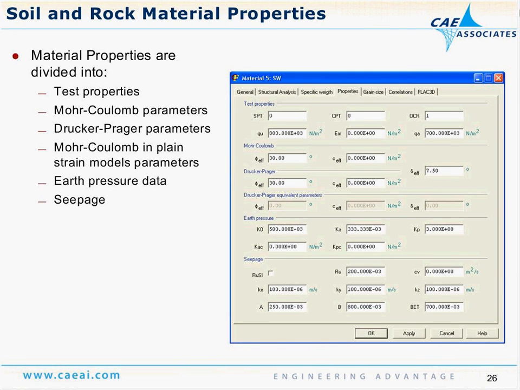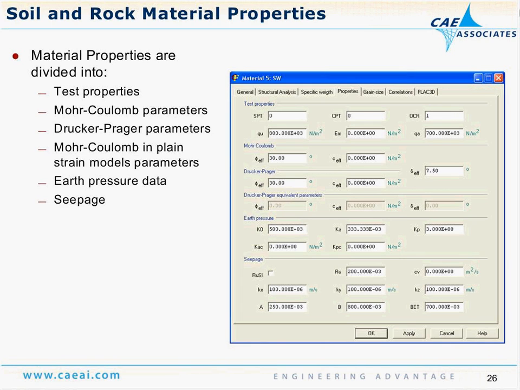So in other areas we can input information, for example, here the standard penetration test properties would be something, or Mohr-Coulomb. We can put in a cohesion or internal friction angle. So those are just some of the inputs into the CivilFEM material properties.